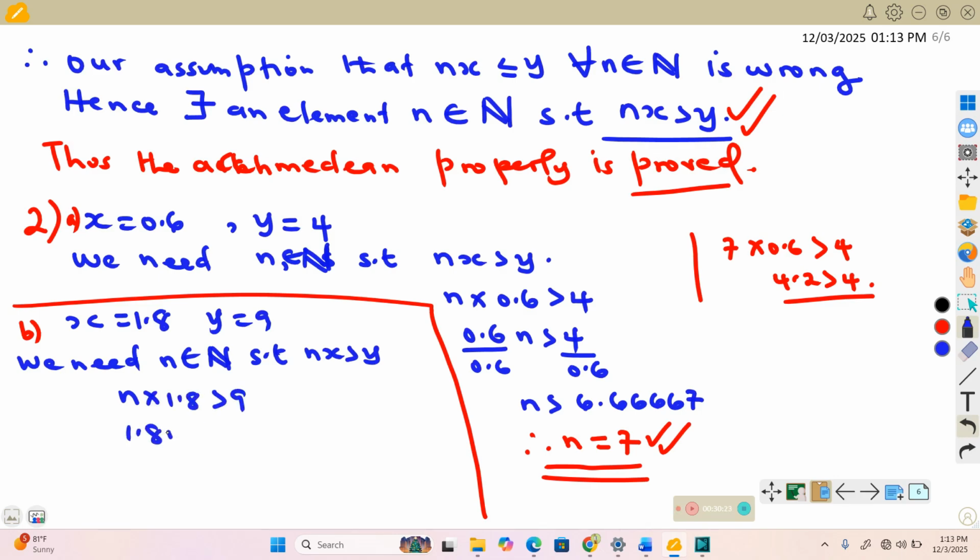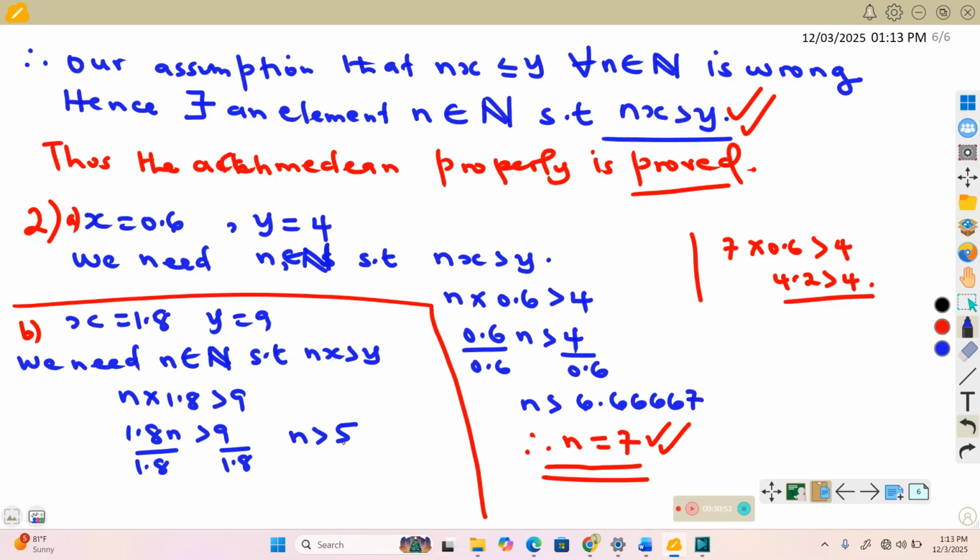So 1.8n is greater than 9, dividing both sides by 1.8. So n is greater than 9 divided by 1.8, and that is 5. So n should be greater than 5, and the smallest positive integer we need here will be 6.